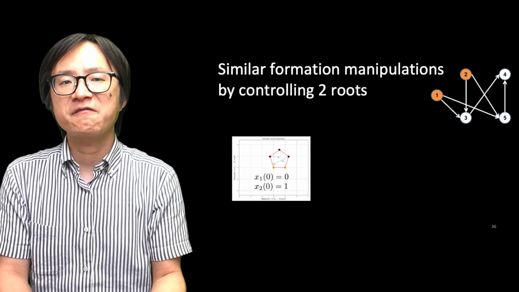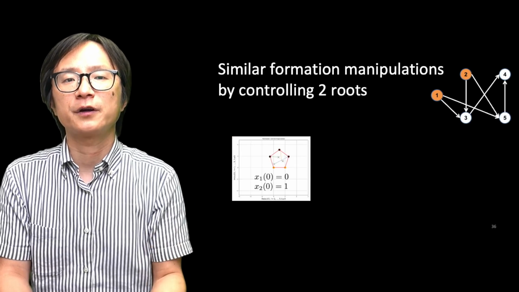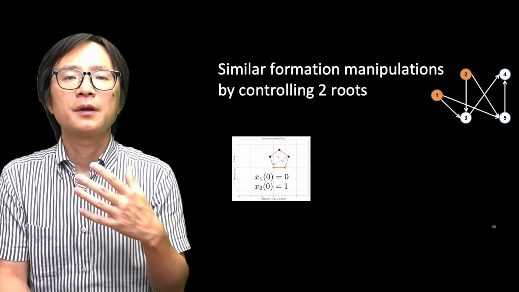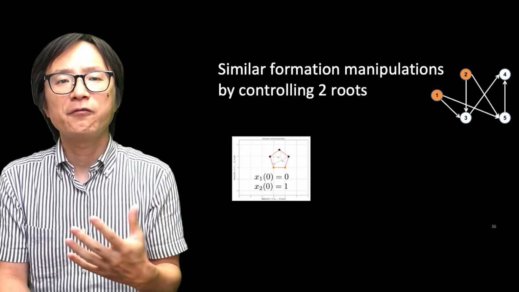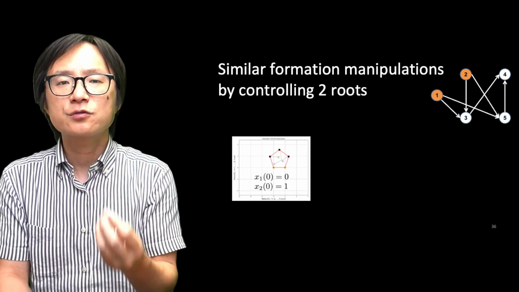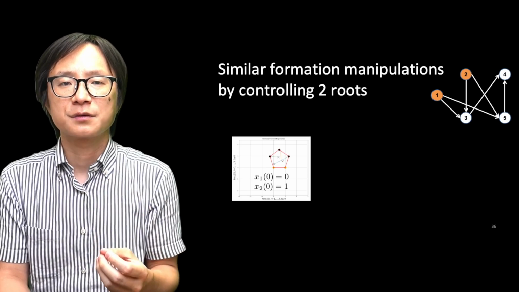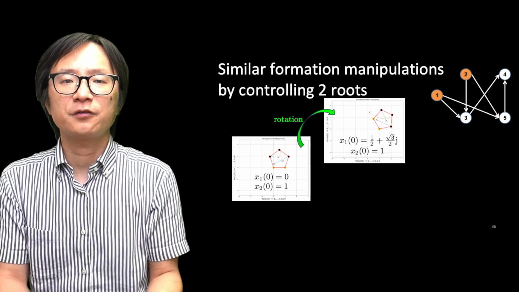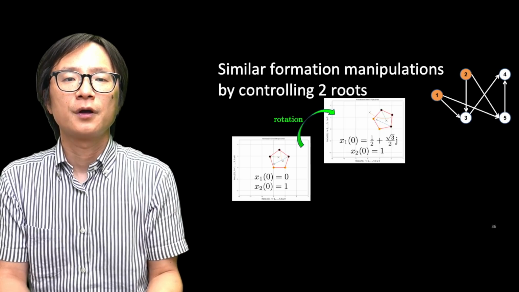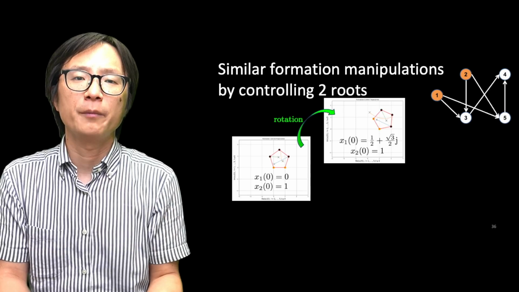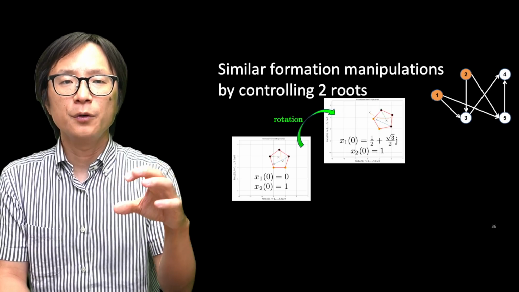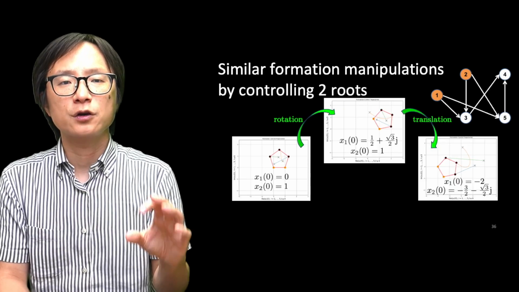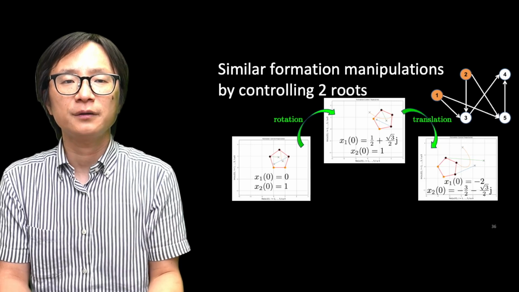A very appealing feature of similar formation control is that we can manipulate the entire formation by simply controlling the two roots. For example, if we change the relative positions of these two roots, then we can rotate the whole formation. If we move both roots, we can translate the whole formation.